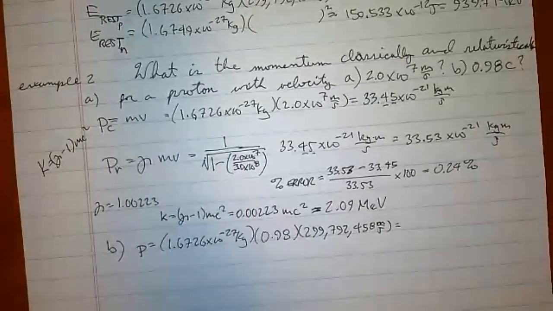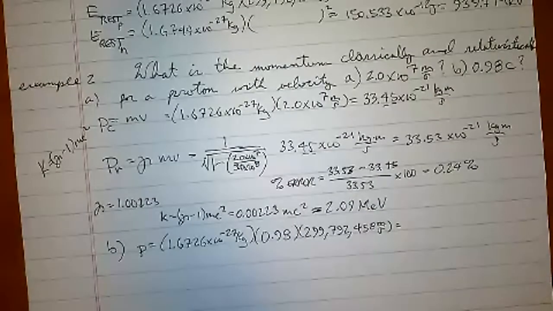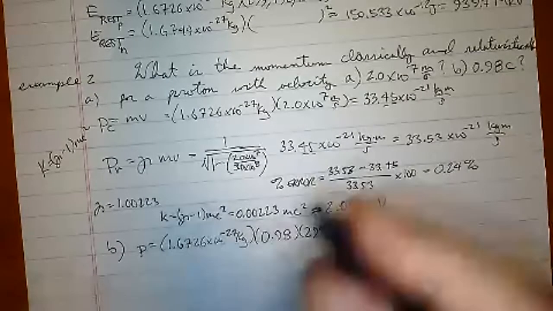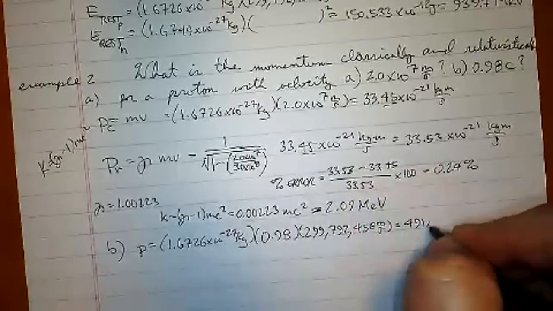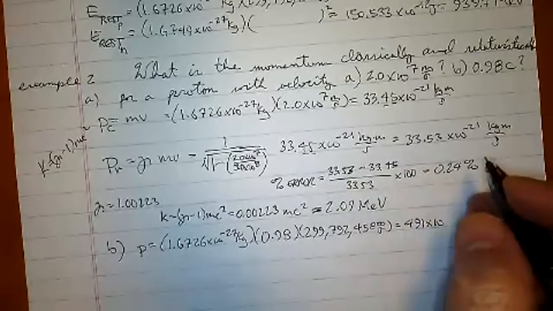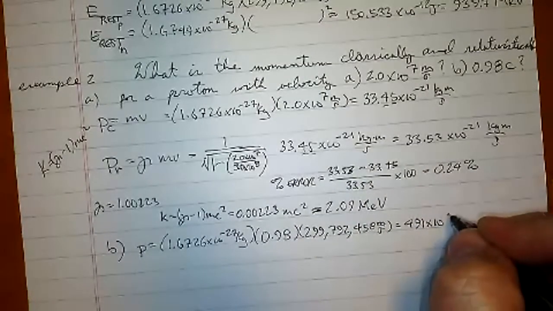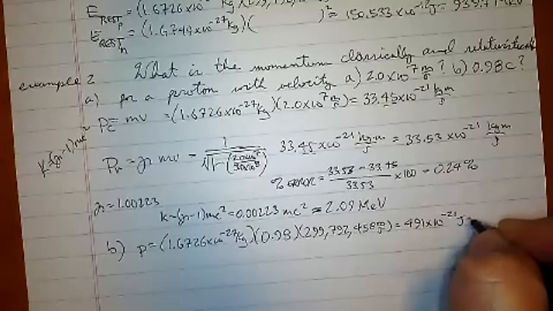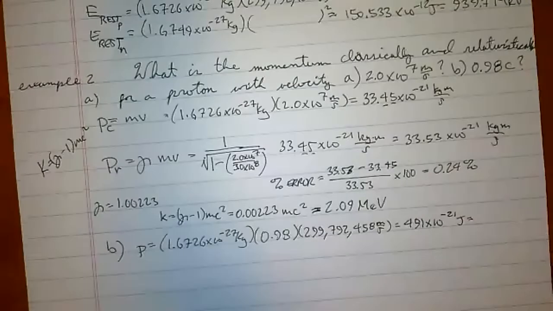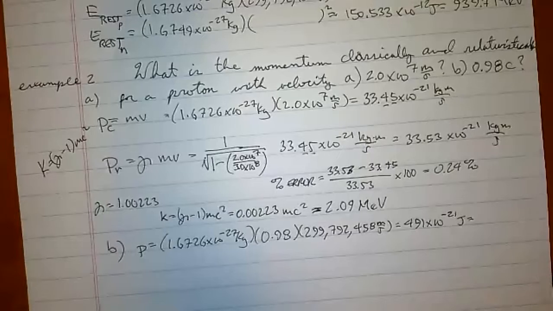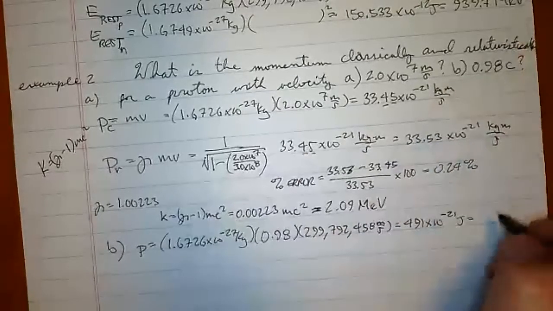So 1.6726 e to the negative 27 times 0.98 times 299,792,458. And I get 491 times 10 to the negative 21st joules, which I convert to electron volts by dividing by 1.602 e to the negative 19. And that gives me 3.067.